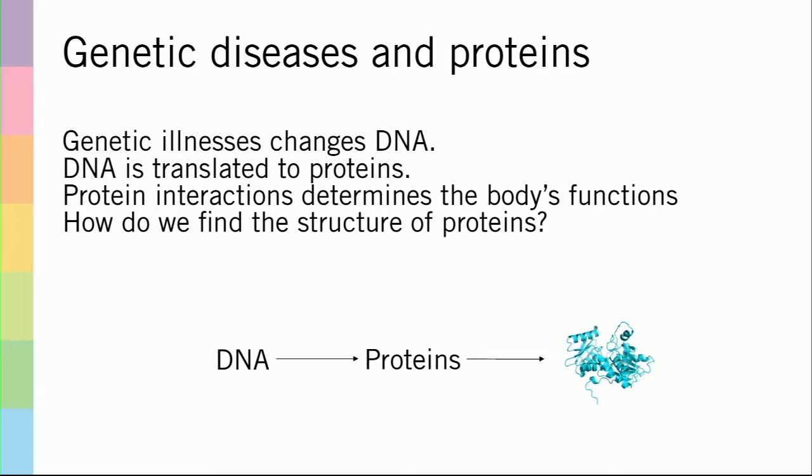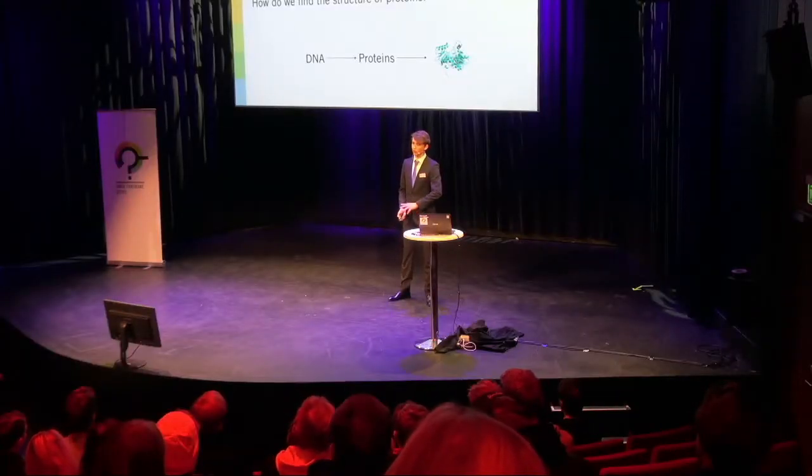From that, you can see that the amino acids change the protein structure, because those squiggly lines you see on the screen are a result of the amino acids that the protein consists of. And when you change the amino acids, you also get a different fold.